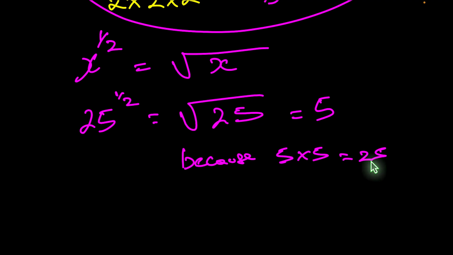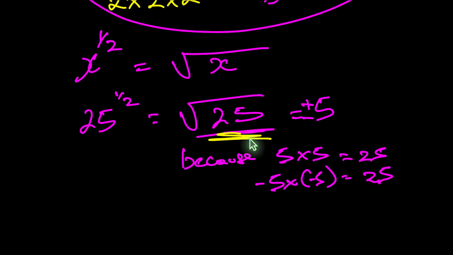Technically, we can put plus or minus 5, because if we were to do negative 5 times negative 5, we would still get a positive 25. So it's basically any number we multiply by itself to give whatever is under the square root there. And in this case, it's 5, or plus or minus 5.